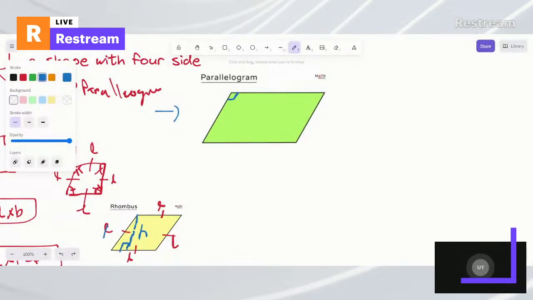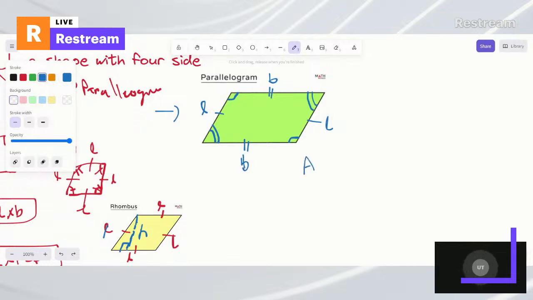Here, the opposite angles are equal, but they're not equal to 90. They could be any angle but 90. Another aspect is that it has length and the opposite sides are equal, obviously, which was the rule. So this is going to be length as well. If this is breadth, then this is going to be breadth as well. So these are some of the properties.